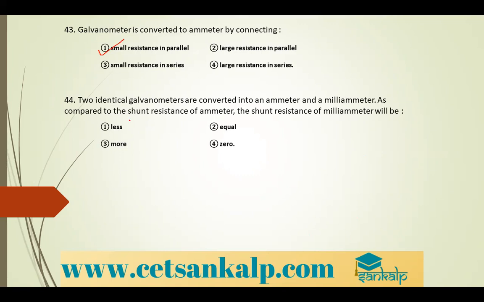Okay, so how we are going to say more than ಅಂದ್ರೆ ಇವಾಗ ಇಲ್ಲಿ ನೋಡಿ. You know that shunt resistance S is equal to IG G divided by I minus IG ಆಗುತ್ತೆ. ಹೌದಾ? Since the milliammeter range ಏನಿದೆ, it is less than that of the ammeter. So the shunt resistance of the milliammeter is more than needed in the ammeter. So more ಆಗಿರುತ್ತೆ. Clear? Right.